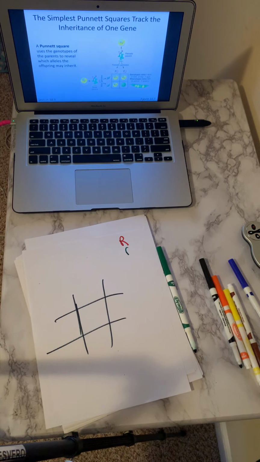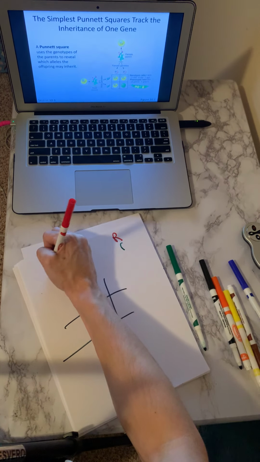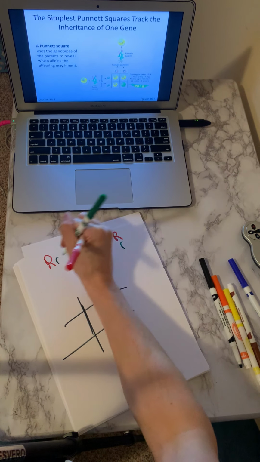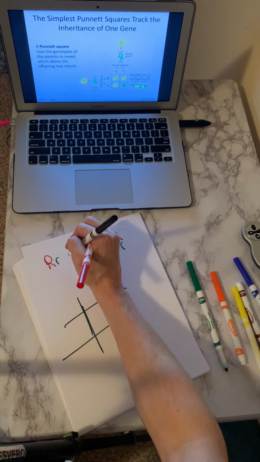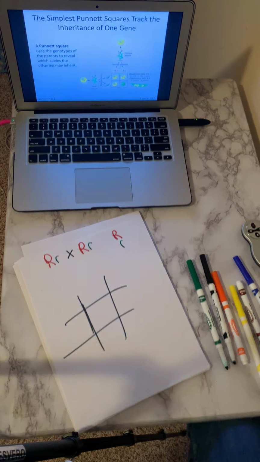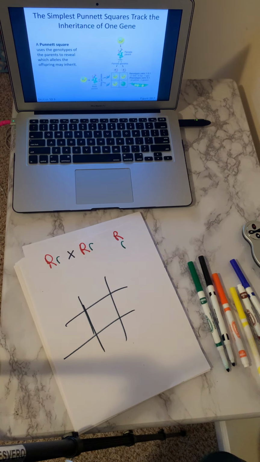Now, in this case, we're going to have two heterozygous individuals. Hetero meaning different. We know that our heterozygous individuals are going to have one big R and one little r each. We're going to cross our two heterozygous individuals, and then figure out what the ratio of their offspring is going to look like.